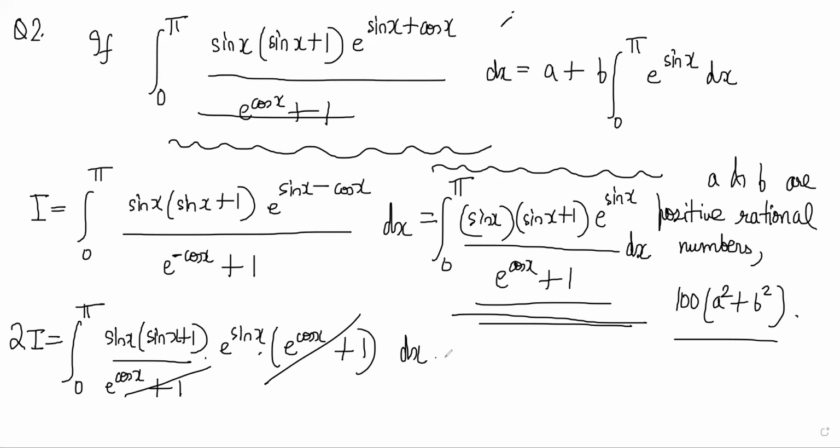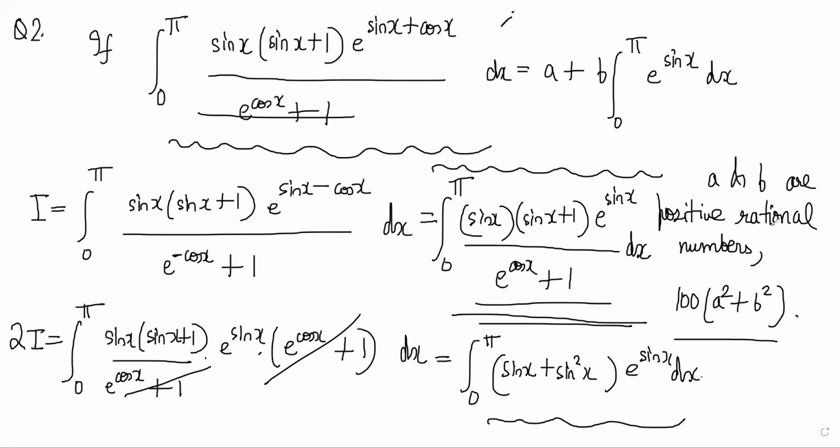So now you are getting the integral from 0 to pi of sin x plus sin square x times e power sin x, right? So now simplify and try to get it like this. Try to get it in this form.